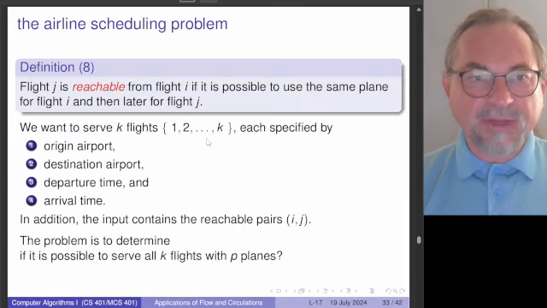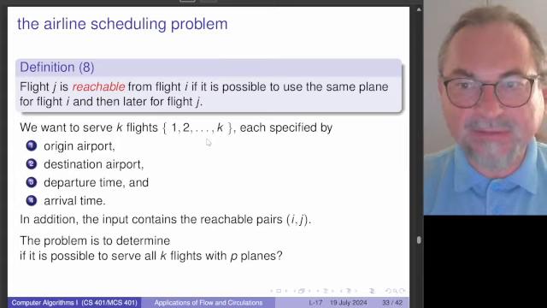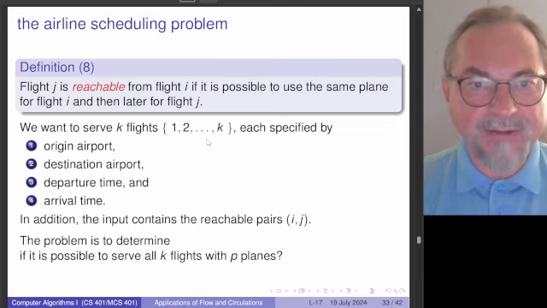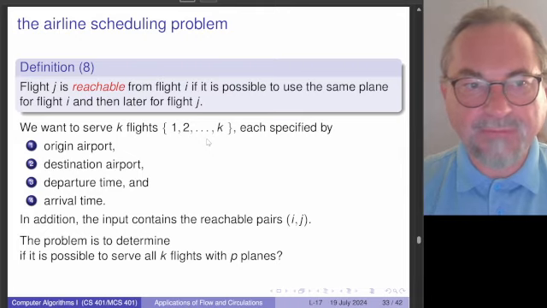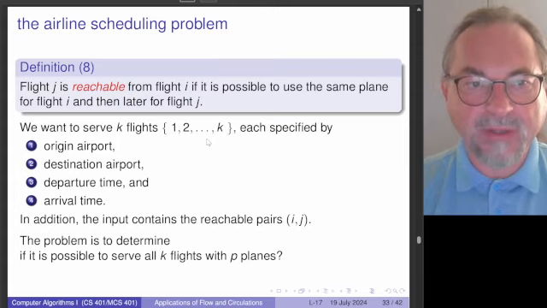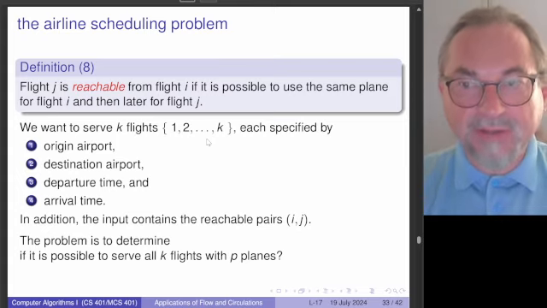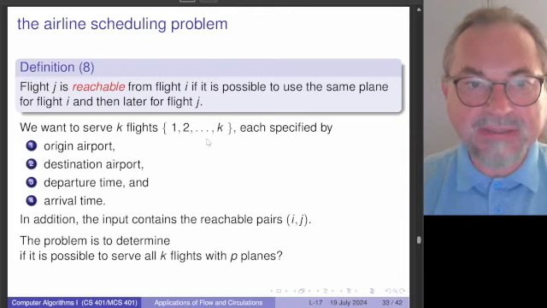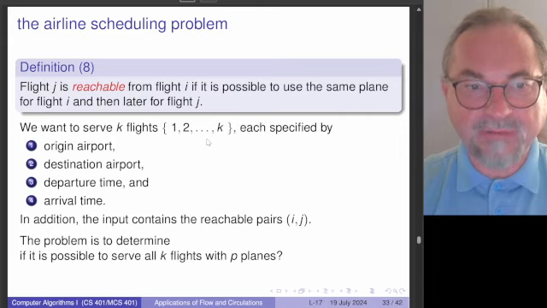Okay, so let's now formalize this. We say that a flight j is reachable from i if it is possible to use the same plane for the first flight and then also later for the jth flight. Our problem is specified by the number P, the number of planes, and then for the K flights, we have the origin and destination airports and the departure and arrival time.